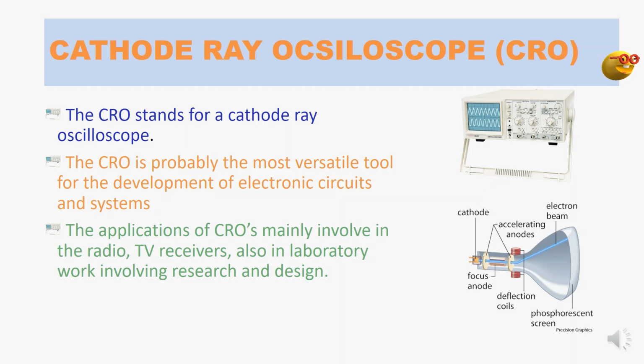It is mainly used in laboratories for research and design. It is used in TV receivers, not in olden days. Before the invention of LED, LCD, and plasma TV, we had TVs with CRT monitors. So that is an application of CRO.